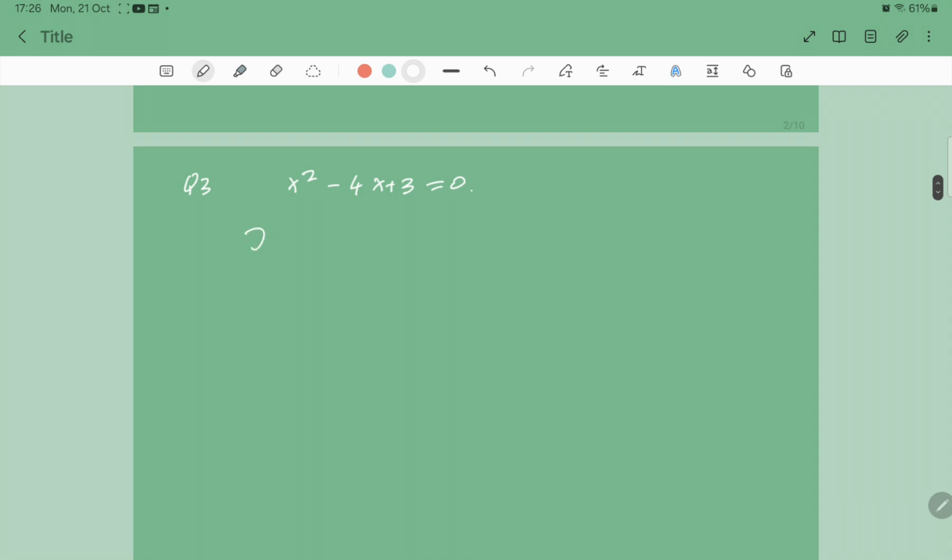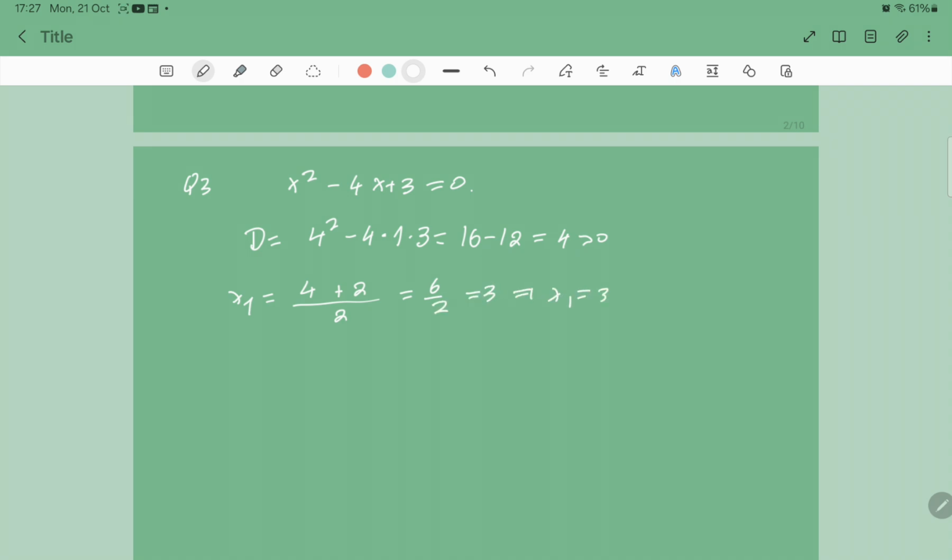Question 3. This is 16, take away 12. It gives me 4, which is strictly positive. And I have x1 equals 4 plus the square root of 4, which is 2, divided by 2.